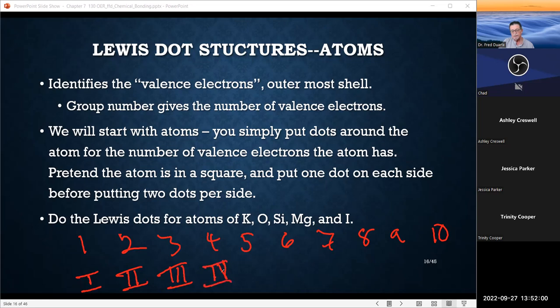V represents 5. And if you put an I in front of the V, that means you subtract 1 to give you 4. If you put the 1 after the V, you add 1 to give you 6. Obviously, 7 would be 2 I's after the V, and 3 I's after the V for 8.